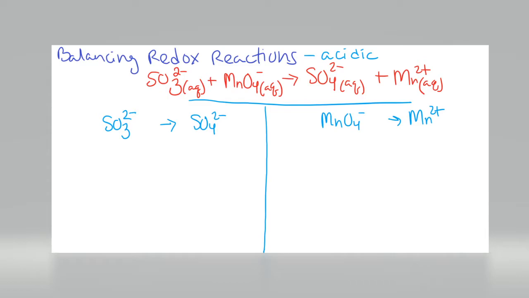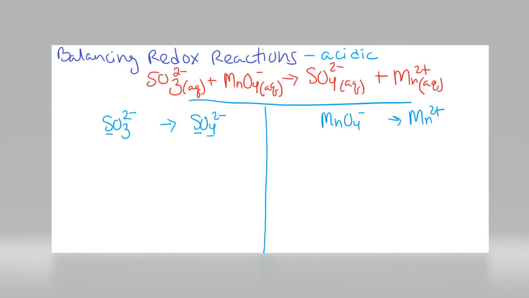Now the next step is balancing all atoms that are not oxygen and hydrogen. So on the left hand side I see one sulfur here, one sulfur here, so we're done with that step. The next step is you figure out how many oxygens there are on each side.